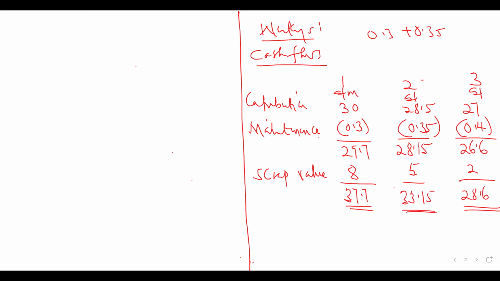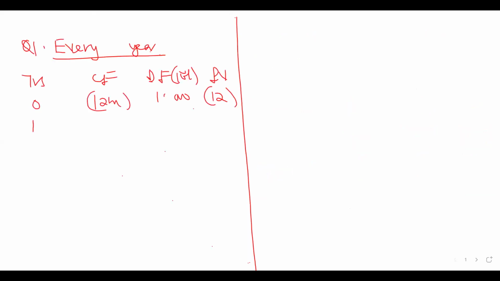So let's come to replacing every year. Our cash flow over here will be 37.7. What will be the discount factor for the first year? If we are replacing in the first year, what will be our discount factor for that? 0.909. Okay.